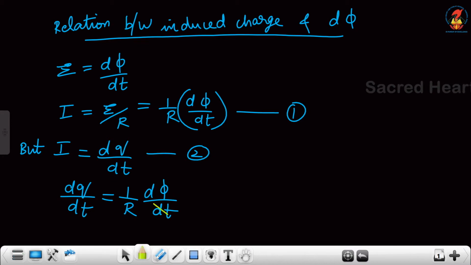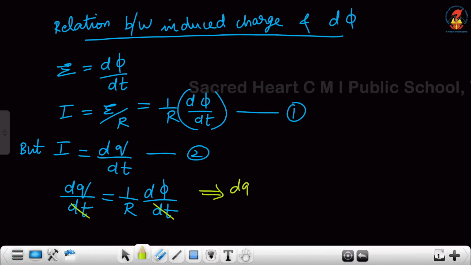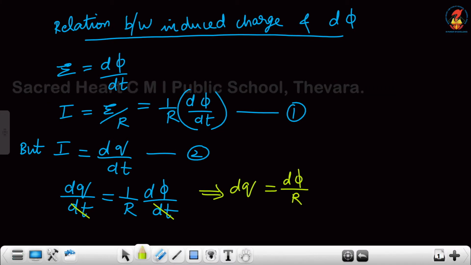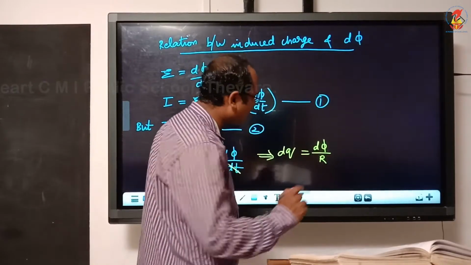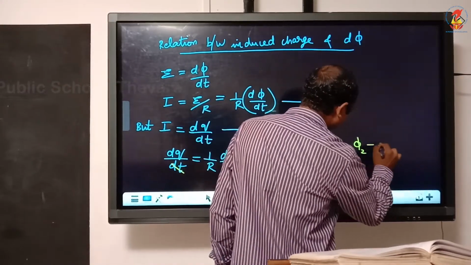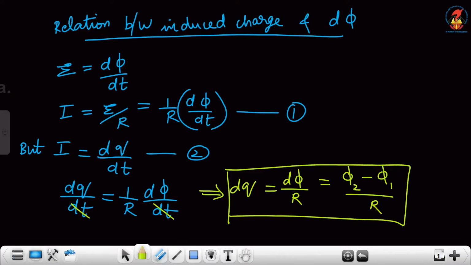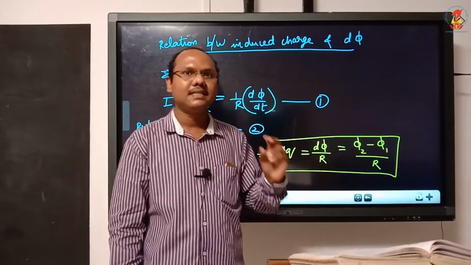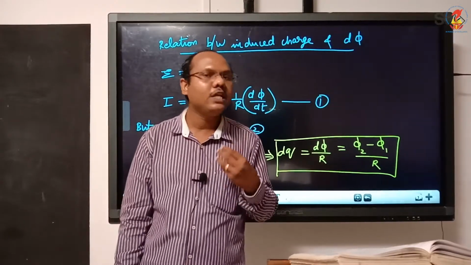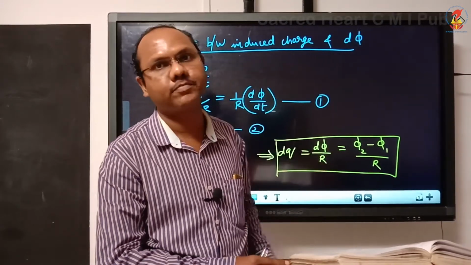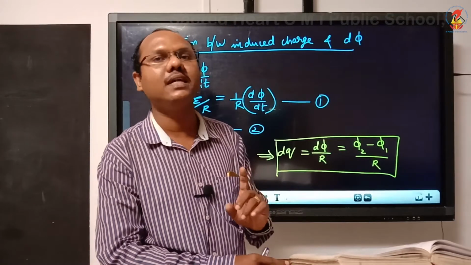So dt and dt can be cancelled, and finally you will get dq is equal to d phi by R, or we can say d phi is phi 2 minus phi 1 divided by R. So from this expression, it is clear that the induced charge depends only on the change in flux and the resistance. It does not depend on the time.